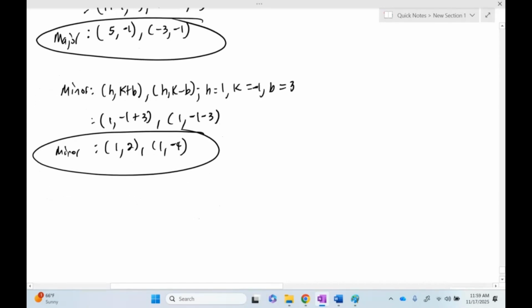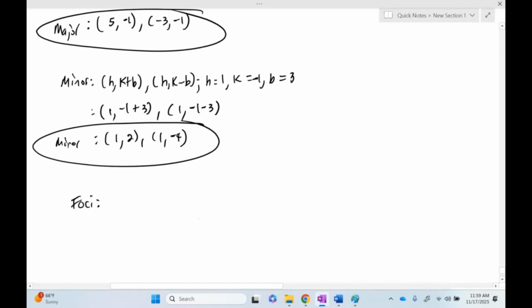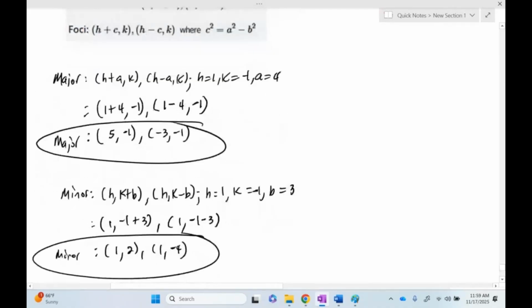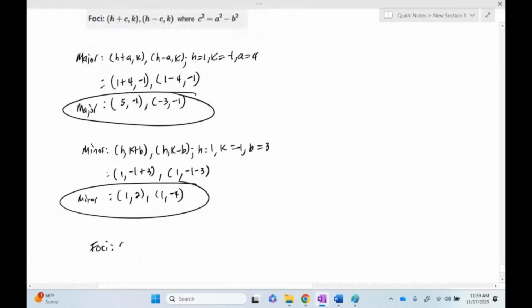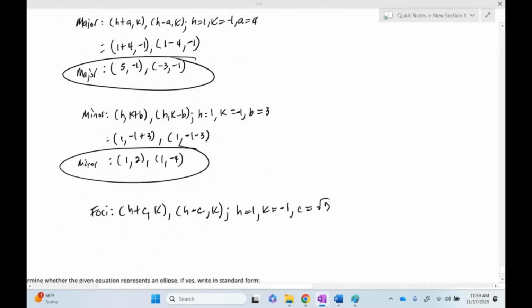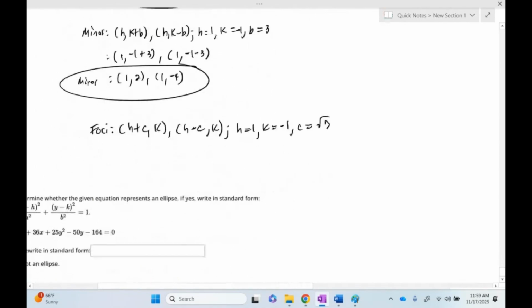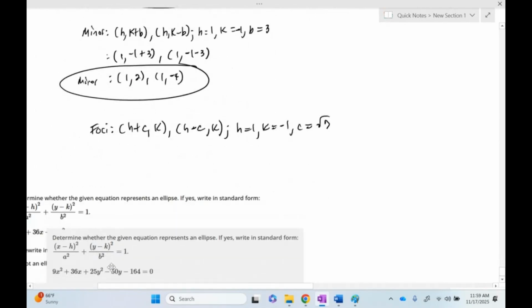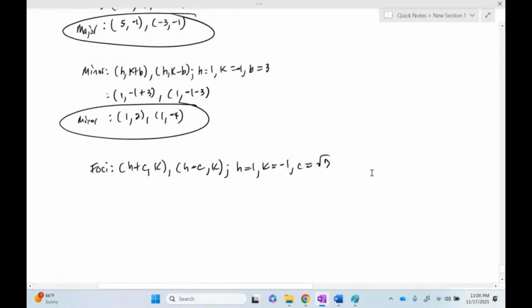And then for the foci, (h plus c, k) and (h minus c, k). H is 1, k is -1, and we found c to be the square root of 7. So now I'm just going to substitute.